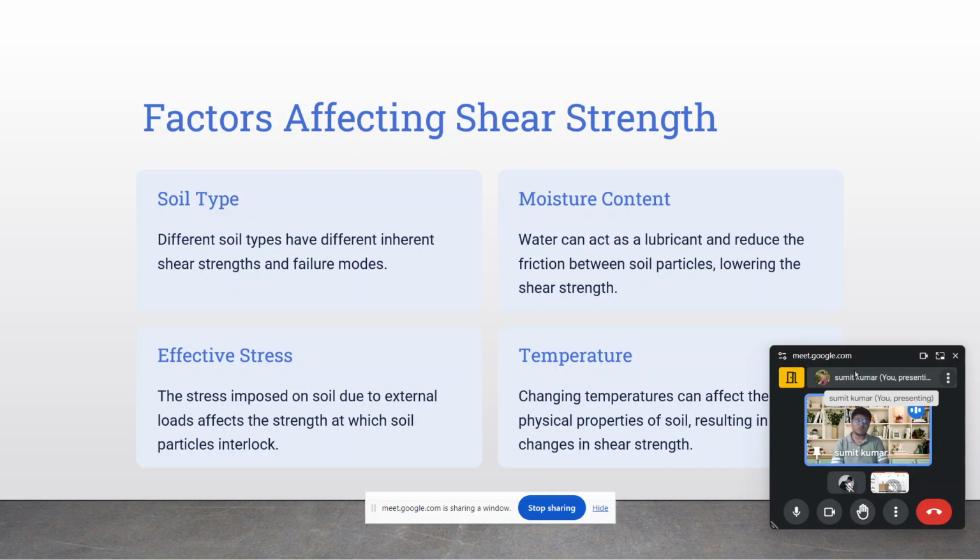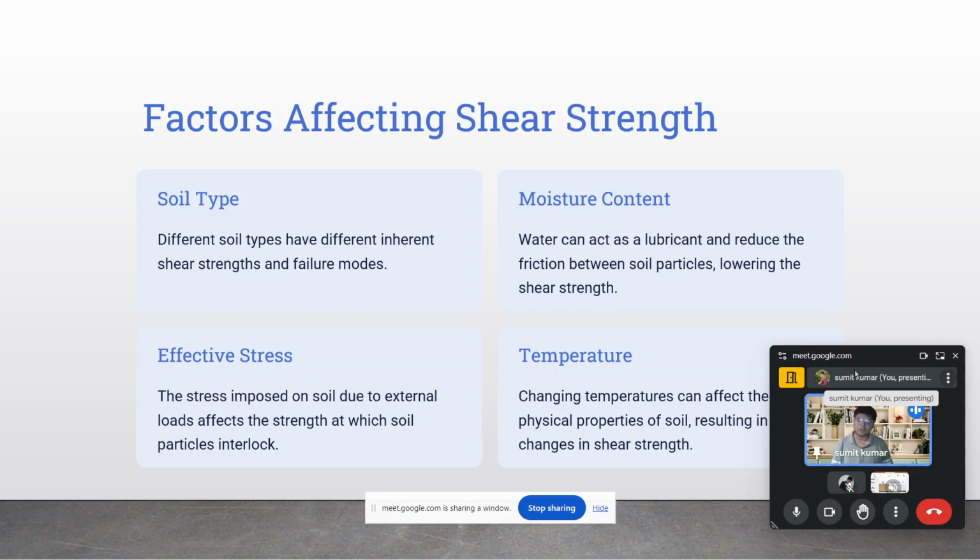The second one is the moisture content. Water can act as a lubricant and reduce the friction between the soil particles, lowering the shear strength. As seen earlier, many times in soil, water is the biggest problem. If the water table is not there, everything will be good and construction takes place in a very simple manner. If the water table rises at any point of time, its strength gets affected.